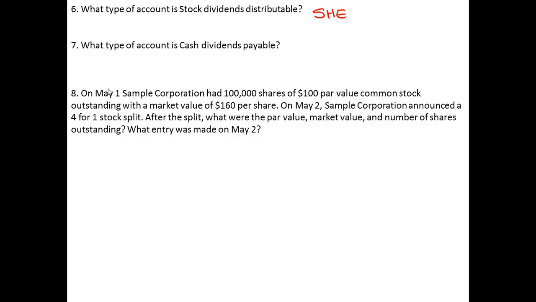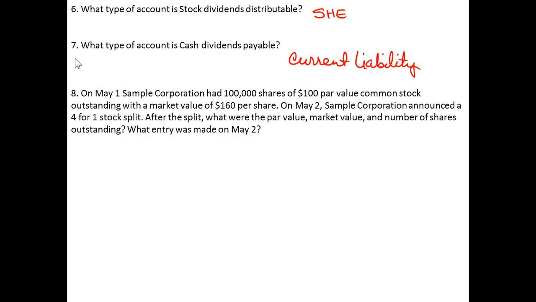Question 7 says, what type of account is cash dividends payable? It is a current liability account, and it comes into being when you have declared a cash dividend on the date of declaration.